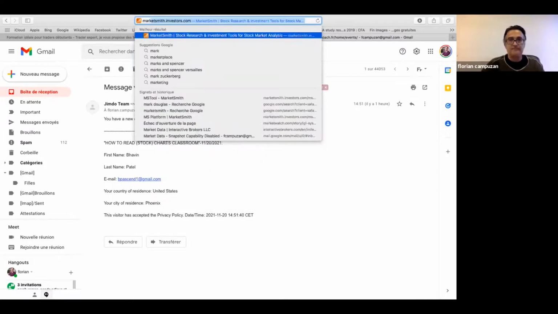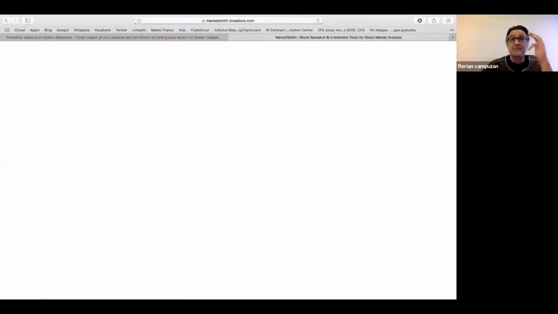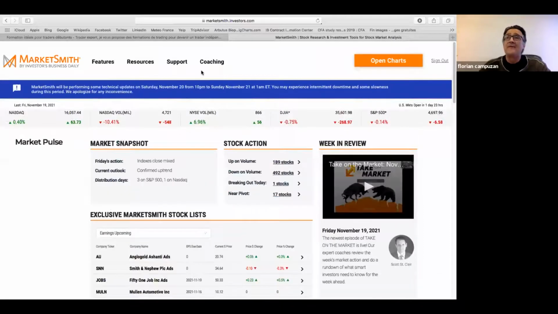I'm going to show you. Structurally I'm on small caps and nano caps, about 10 million capitalization. But I was on stocks like GME, or Sava, stocks that can have a $1 billion capitalization.